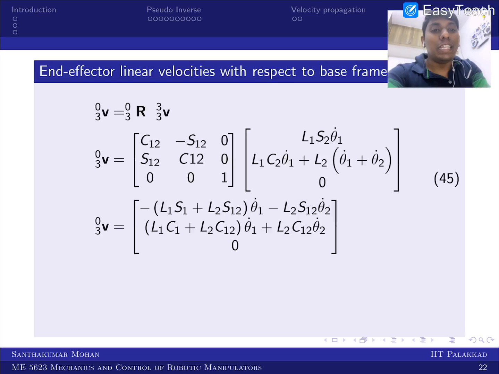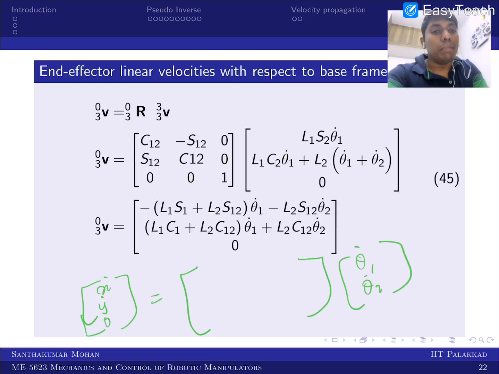So now you can see that here x dot, y dot and z dot is 0. Okay, here this would be theta 1 dot, theta 2 dot. Since the third row is 0, I can keep it. So what I will get here is minus L1 S1 minus L2 S12, this is minus L2 S12, and this is plus L1 C1 plus L2 C12, this is plus L2 C12.